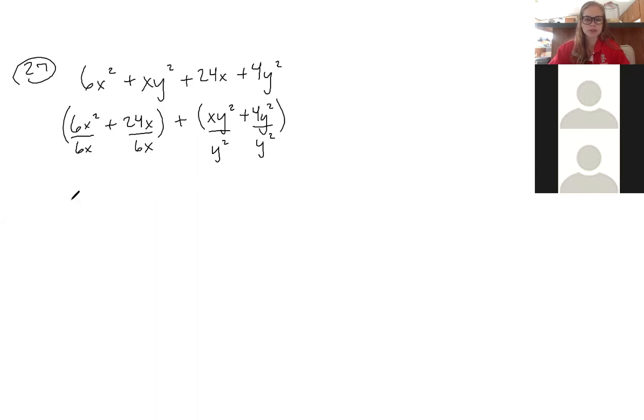How do I factor 6x, and then the parentheses 1 plus, I don't know if that's right. Well, 6 divided by 6 is 1. Oh, x. Okay, there we go. Good. X plus 4. Good.